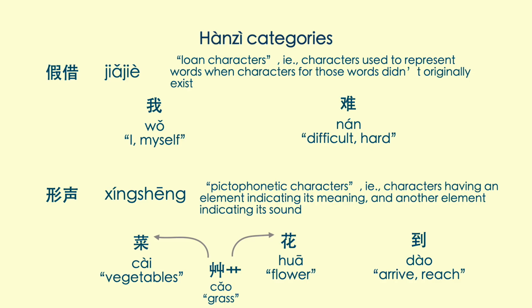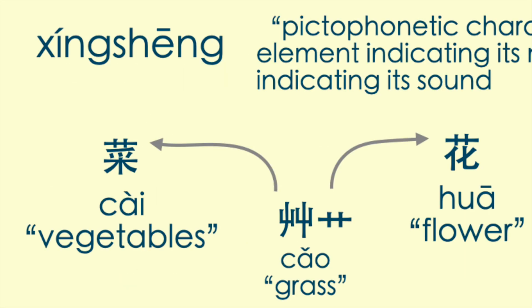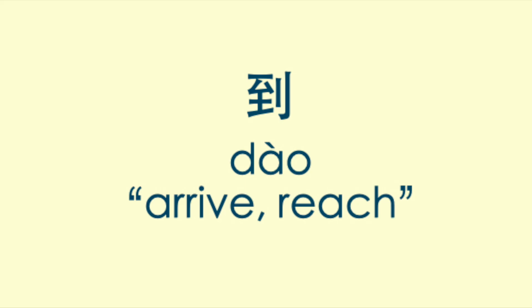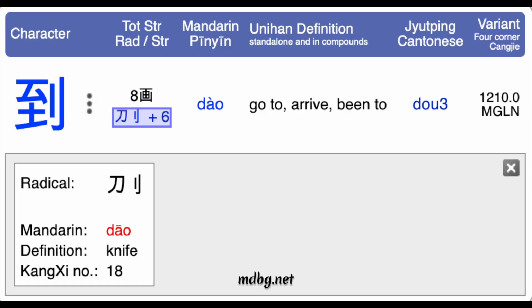For example, "tai," which means vegetables, and "hua," which means flower, both have the radical "cao," which means grass, and true enough, "tai" and "hua" are both words related to plants. But for the character "tao," which means to arrive, its radical is "tao," which means knife or blade. In this case, the radical hints at the sound of the character.